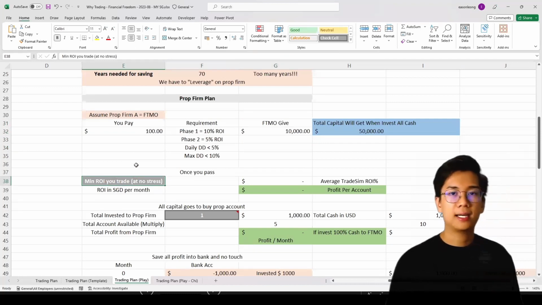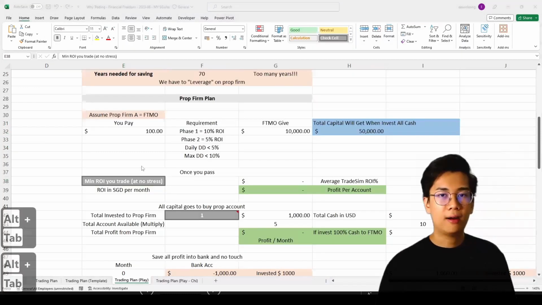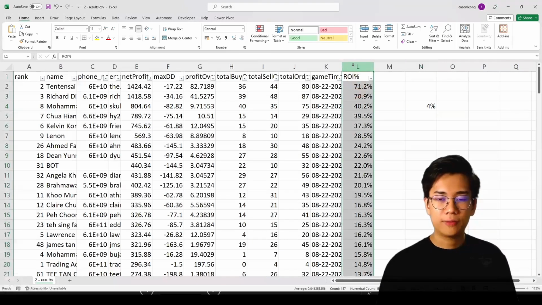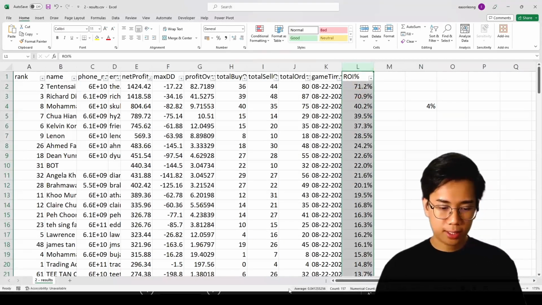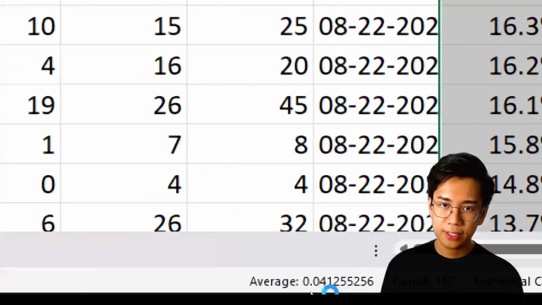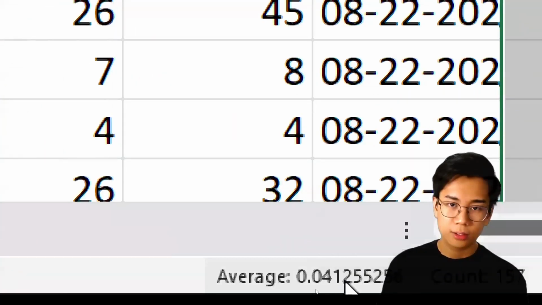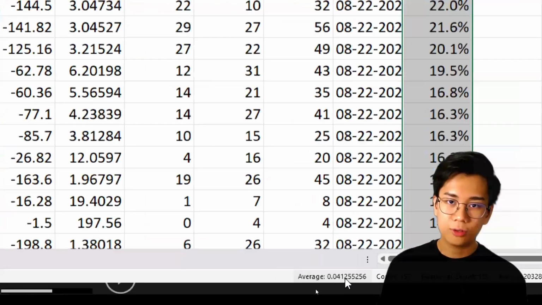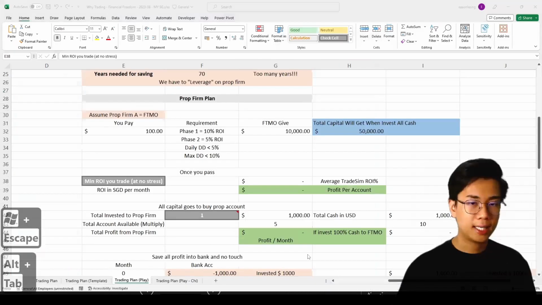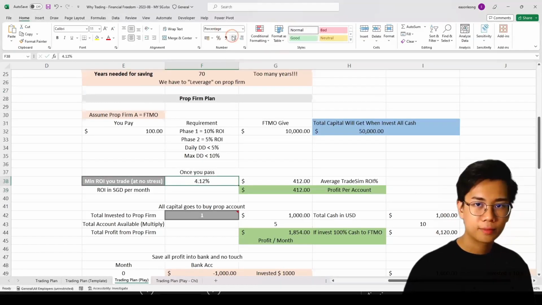Based on the big data, we have around 100 of you guys, so I have calculated all of the average. As you can see, the average ROI of you guys is 4.12%. So for 4.12%, I just key in here. What does this mean?